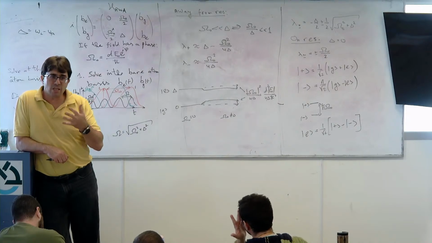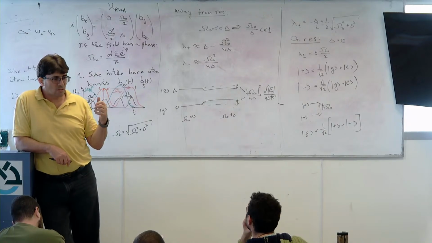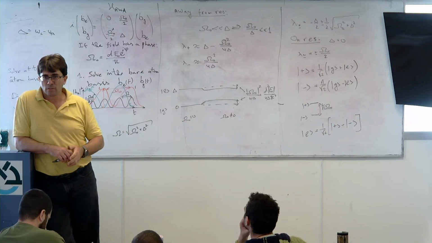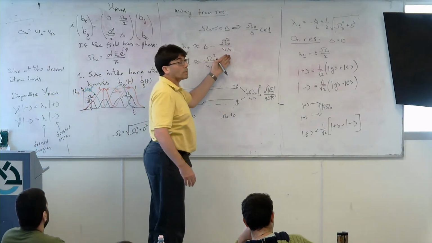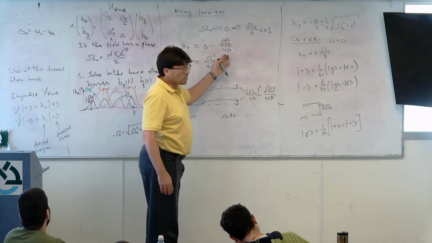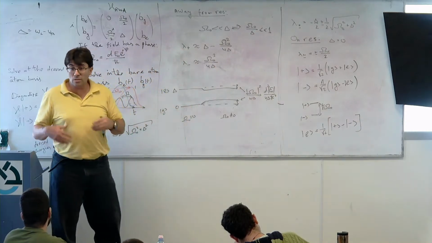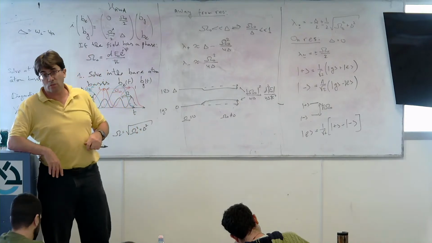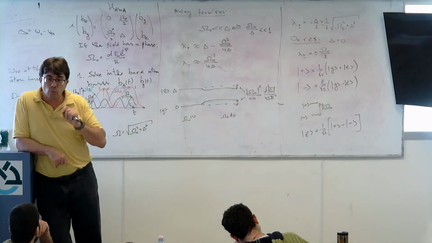Now I'll bring in another laser. So the first one is strong but off resonance. So it is strong enough to make a considerable light shift, but it's off resonant enough that it doesn't do anything. Doesn't move populations around considerably. The other one is on resonance and weak.